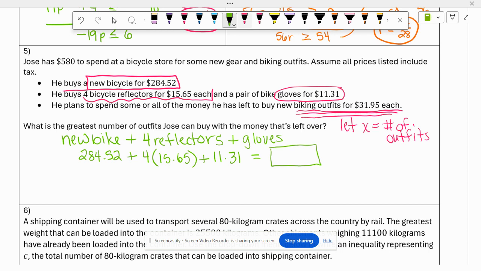How much money have I already spent? Amalia, you calculate that for us. Pick up your calculator and calculate that. Do that math for us, please, and thank you.